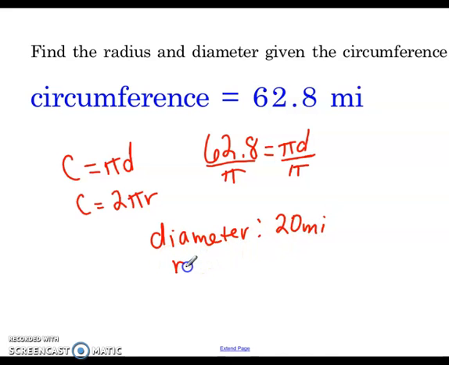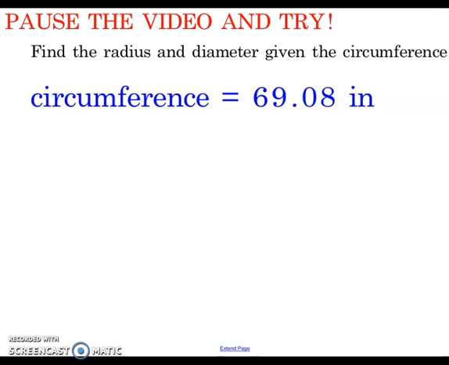Now, if you remember, the radius is half the diameter. So once I get the diameter, I can cut it in half, and the radius in this case would be 10 miles. Once again, pause this video and try on your own. We know the circumference of 69.08 equals pi times the diameter.